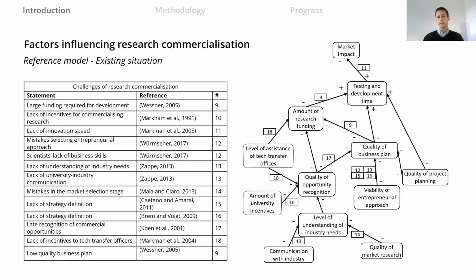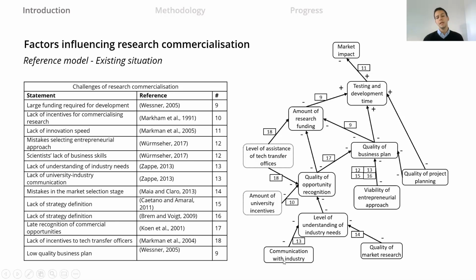So describing the problem, I created this reference model. It's based on the findings from previous literature, and it describes the current situation of technology development and commercialization at universities. So the way this model works is that you read it from the base to the top, and the problems or the factors in the bottom are the roots of the problem that are affecting the market impact.